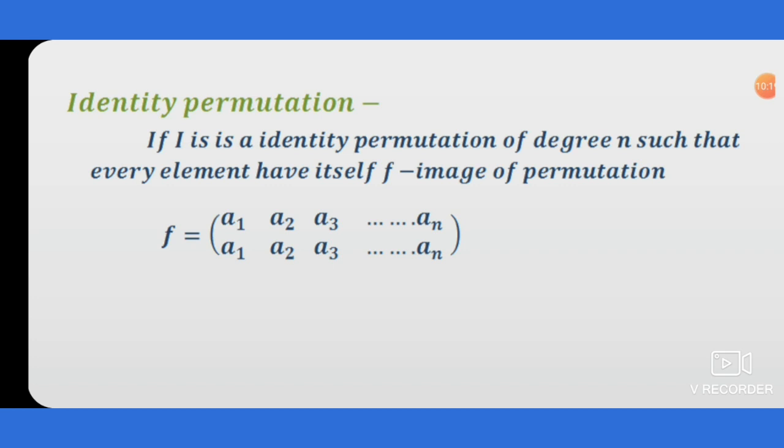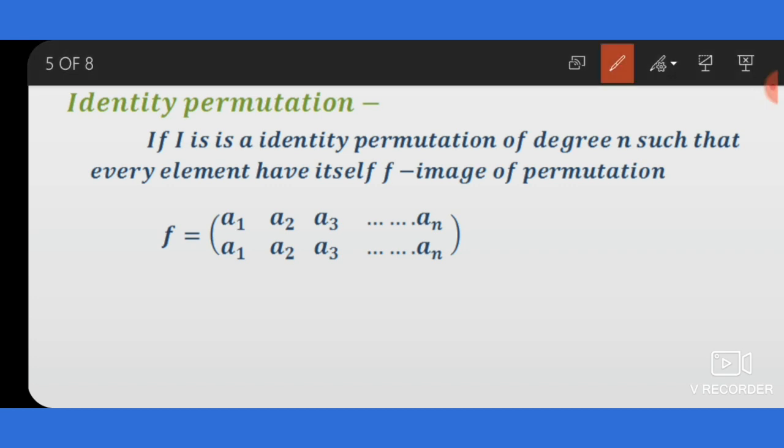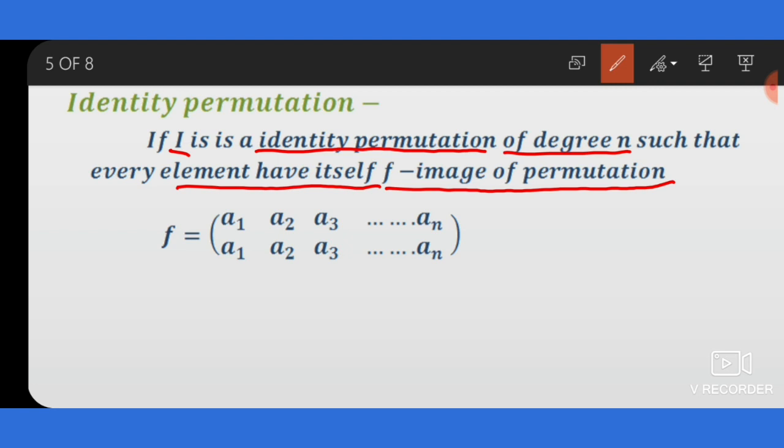Identity permutation. If I is the identity permutation of degree n, then every element has itself as its image under the permutation. Every element of the second row of this permutation has the image itself, that is, this permutation f is the identity.